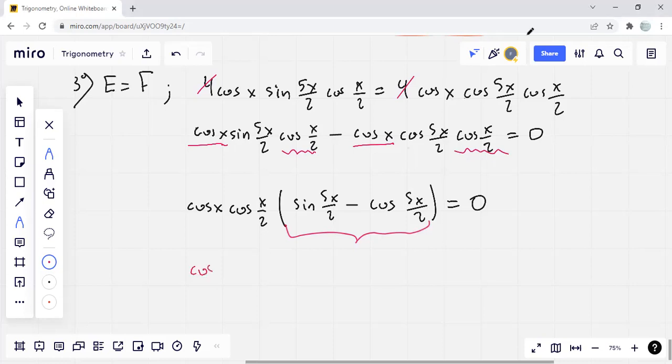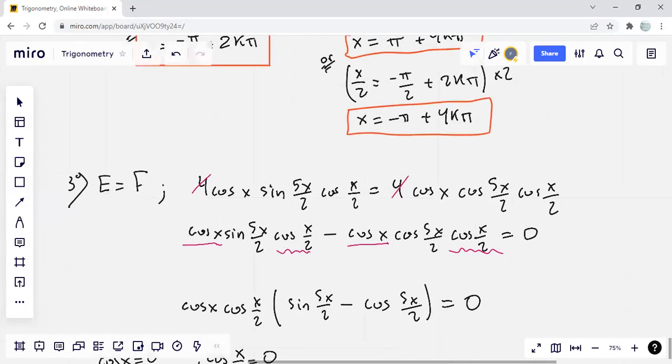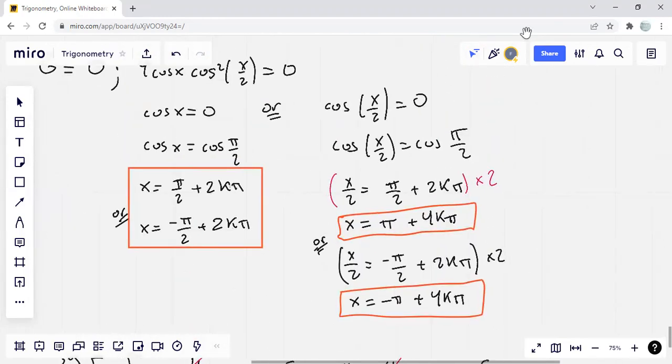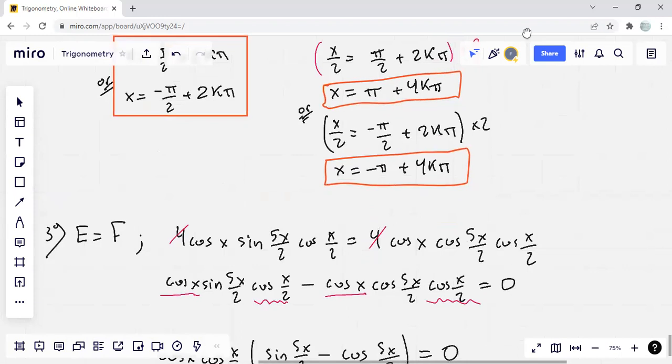So either cosine x is equal to 0, or cosine of x over 2 is equal to 0, but we know the answers of both, because we found them here. Cosine x equal to 0 gives us these two answers, and cosine x over 2 equal to 0 will give us these two answers.